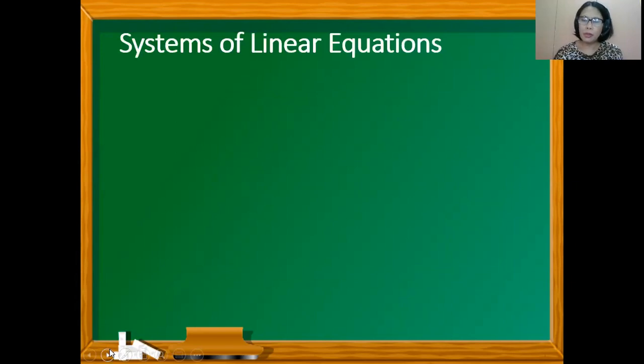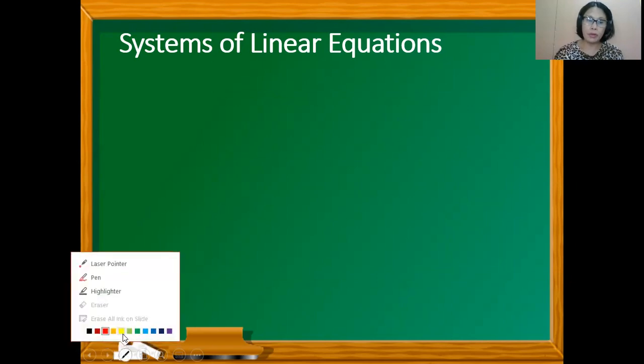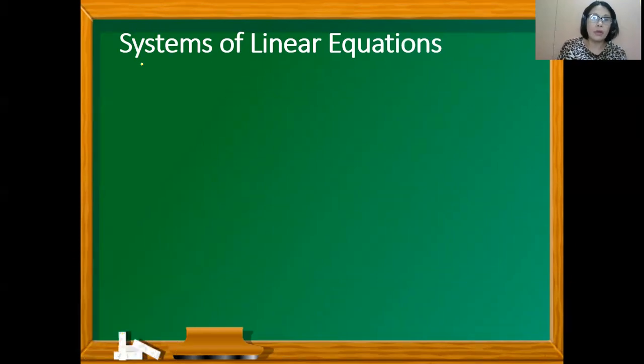Now, a pair of linear equations of the form a sub 1 x plus b sub 1 y equals c sub 1 and a sub 2 x plus b sub 2 y equals c sub 2.